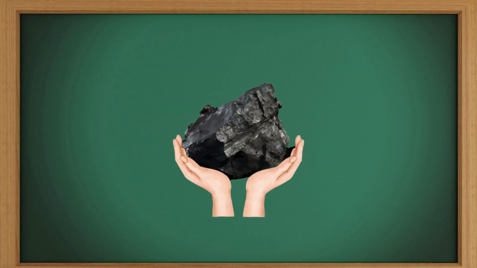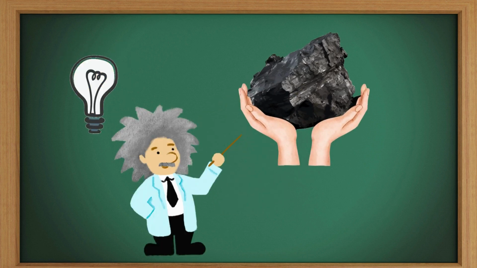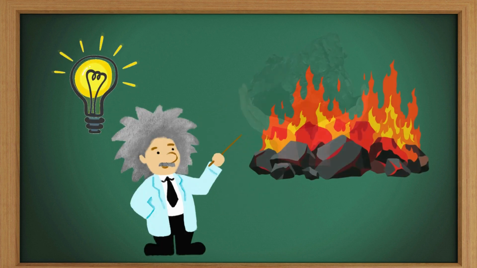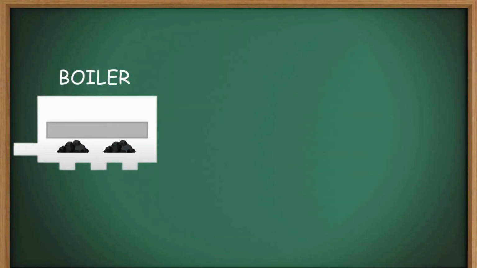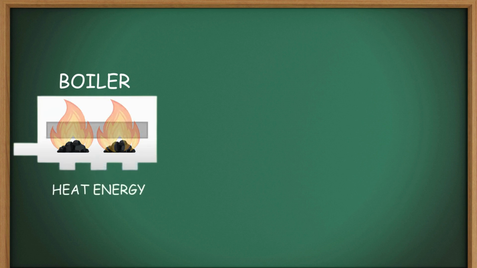This coal is just a type of rock, but for scientists, this rock contains energy that produces heat energy when it undergoes complete combustion. Actually, some power plants utilize this coal to generate electrical energy, or what we call electricity. What they do is feed this coal into a boiler furnace, and with the assistance of oxygen and emitted heat, this creates combustion in the form of heat energy.